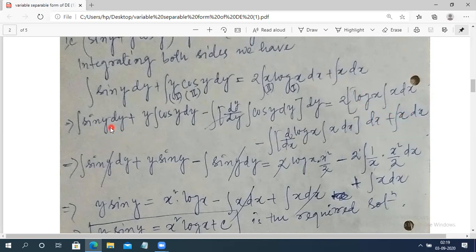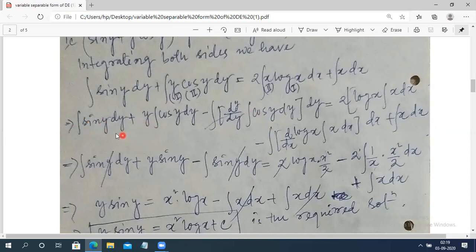Now this is sin y dy, and here it will be y sin y. Differentiating y with respect to y gives 1, and integrating cos y dy gives sin y, and this integration of sin y dy with negative sign will cancel out with the positive integration of sin y dy.